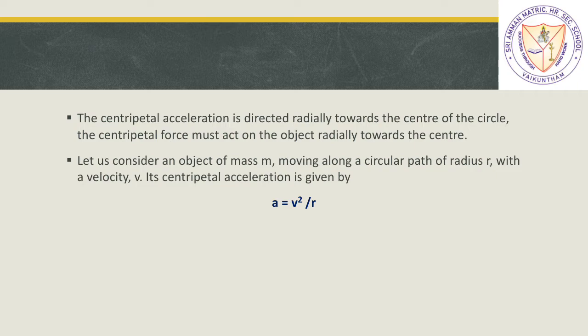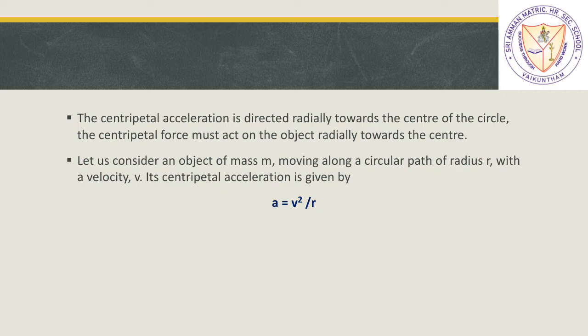In all the previous things whatever we learnt, it was always along a straight line. Whether it is a freely falling body or a car moving, everything we studied keeping in mind the motion is always linear or along a straight line. Here it is different, we are talking about centripetal force or centripetal acceleration in circular motion. So a is calculated as v²/r. r here is the value of the radius of that circular path.